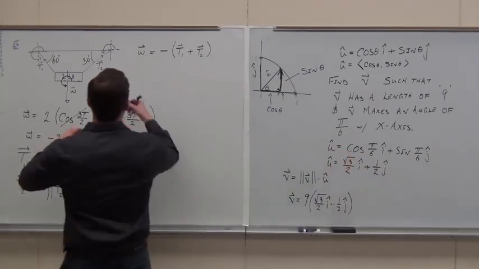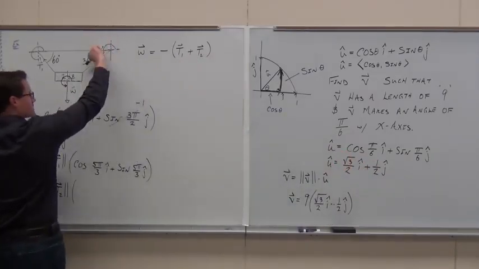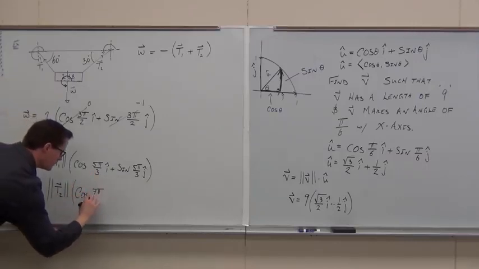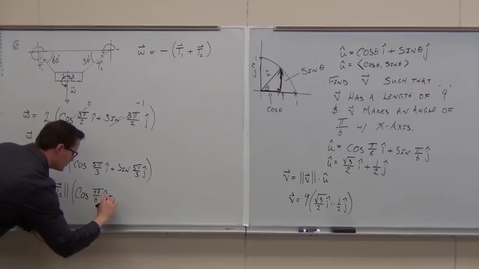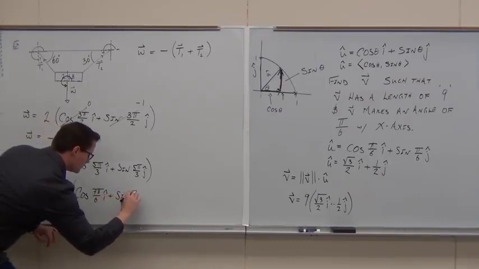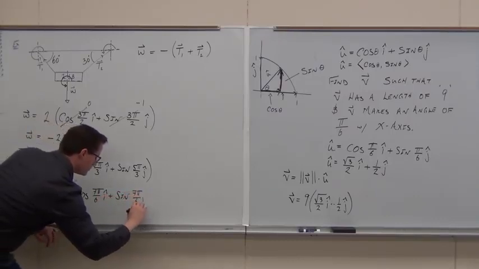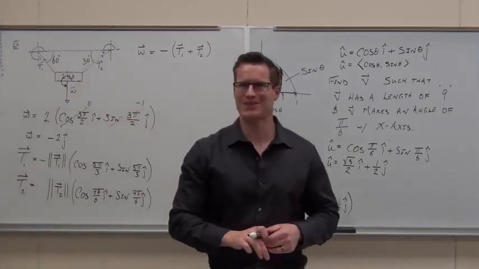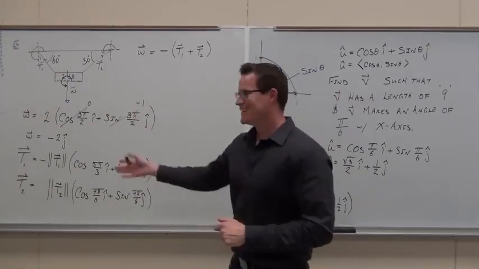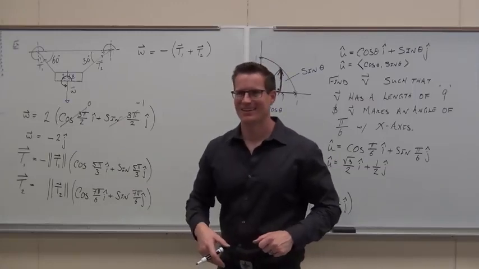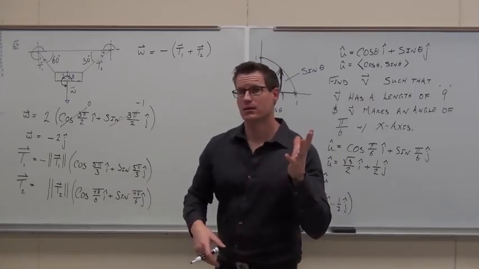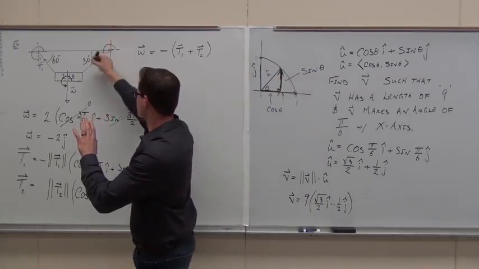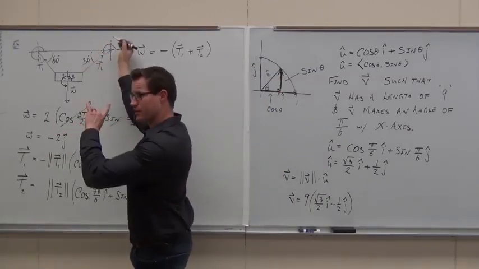Because we got 1, 2, 3, 4, 5, 6, 7. Oh, we're almost there. Come on, we're almost there. What else? It's going to be opposite, because if I did it this way, then this vector's going from here to here, and I want to flip it from here to here.